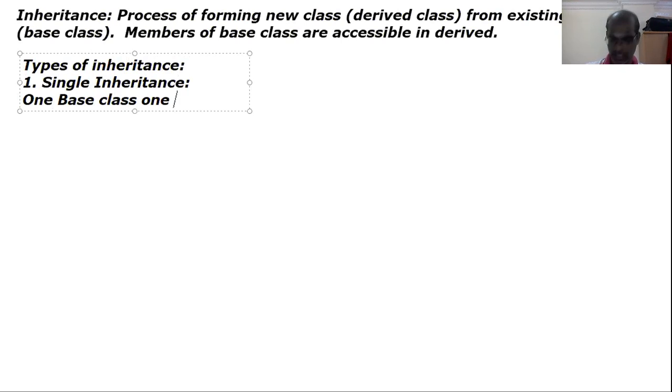First one is single inheritance. Here, there is one base class and one derived class.